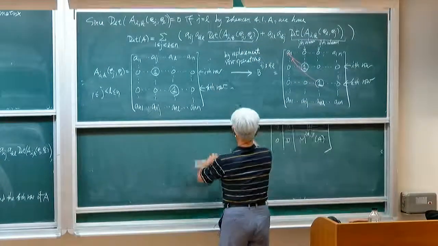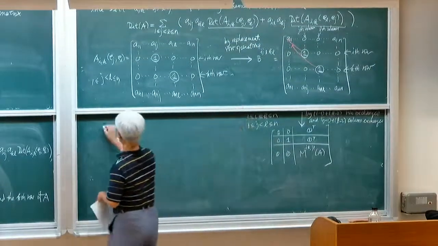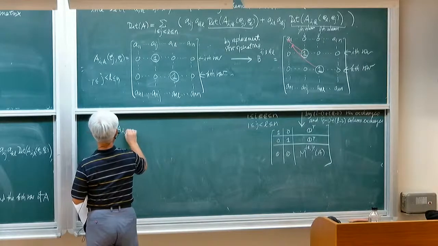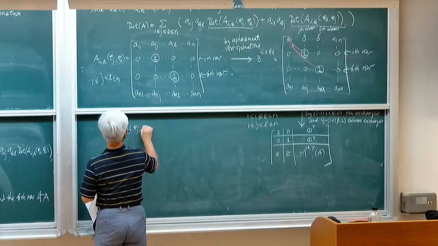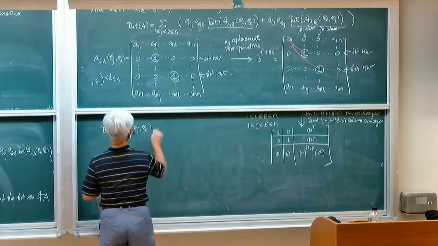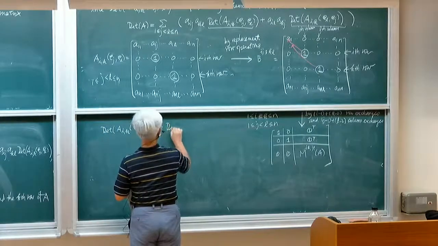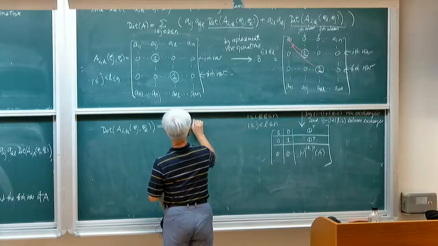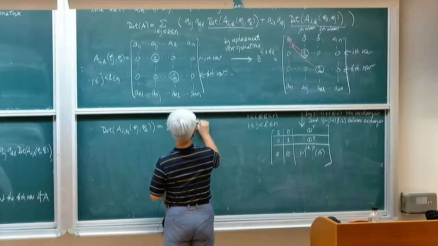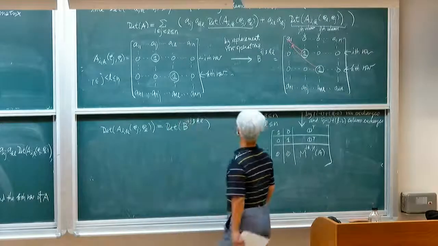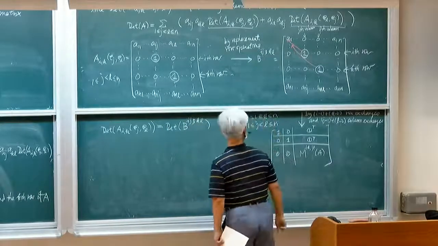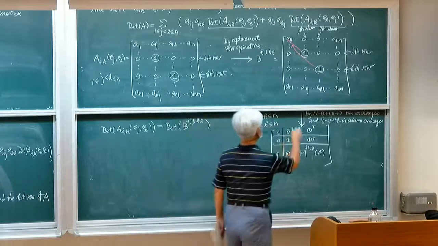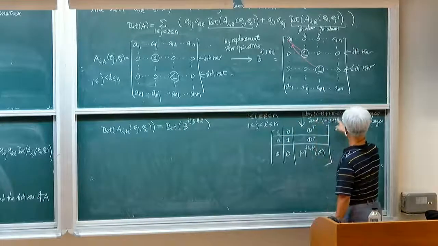Okay, so we know that the determinant of A_ikjl is equal to the determinant of this matrix B_IJ and KL, right? And to do this one, we need all these exchanges.